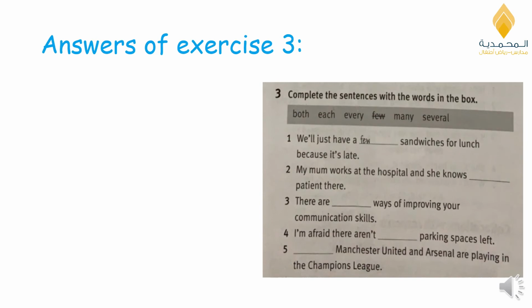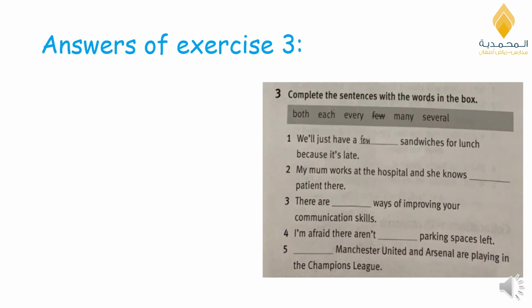Okay? Number 2, my mom works at a hospital and she knows every patient there. Why here did I use every, guys? Because I'm talking about a member of a group, okay? I'm talking about a group of patients in general. I did not mean that she knows everybody individually, okay?